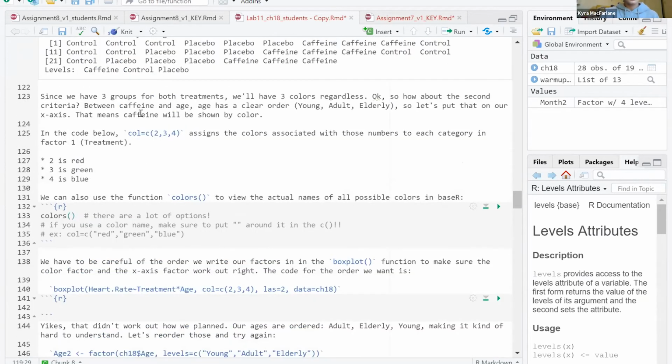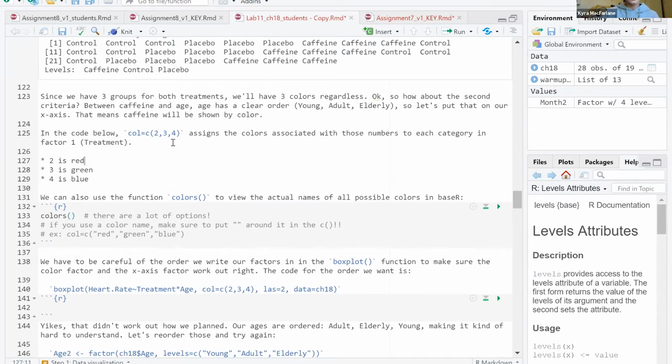So yeah, caffeine will be shown by color. In the code that we're going to use this col equals, and then this combined function that we've used a couple of times, and then numbers inside of it. These numbers are actually associated to different colors that we're going to assign to treatment.